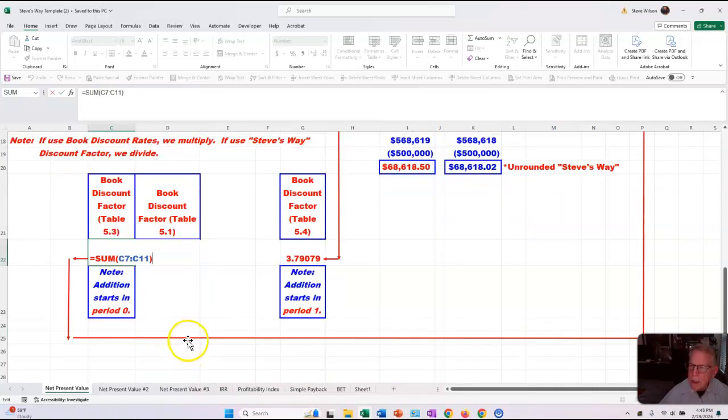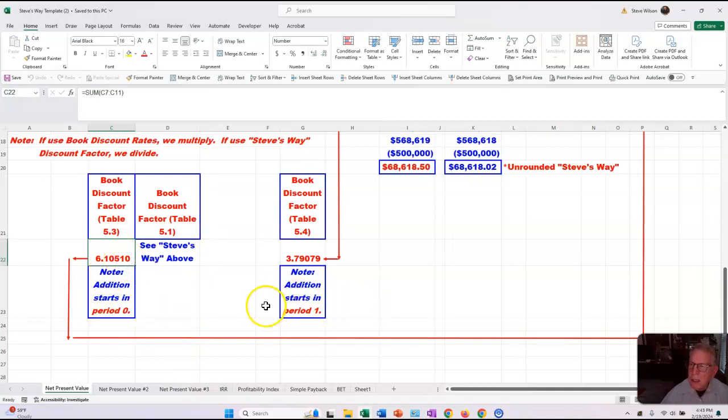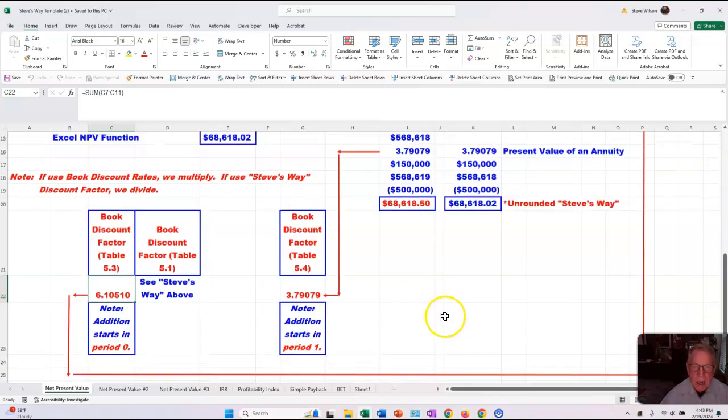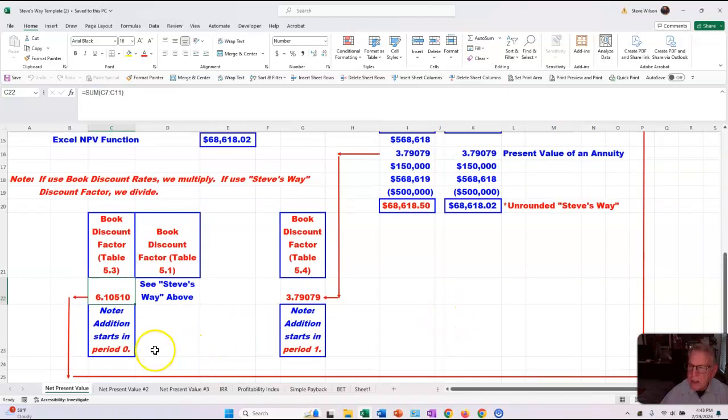That's my factor for calculating the table 5.3 for the present value of an annuity, and that's table 5.3.